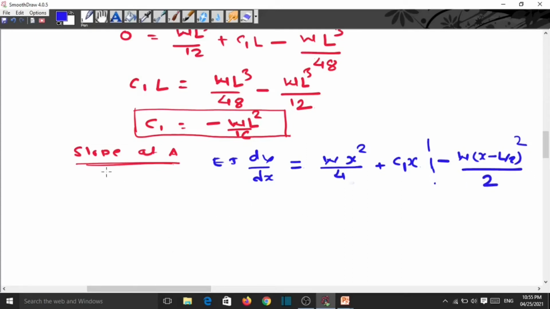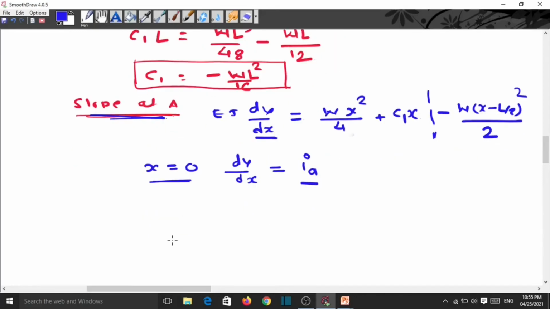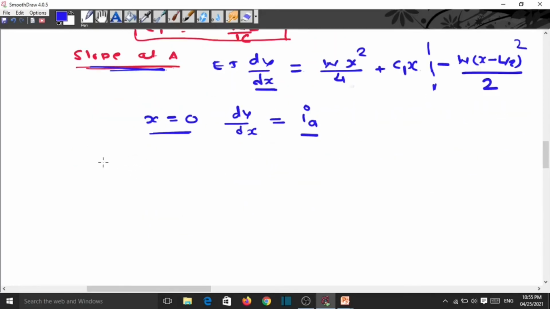So now for the slope at A, we have to use here the first section only, because when x is equal to 0, this dy by dx becomes theta A. When you put this value of x equal to 0, dy by dx becomes theta A. So EI theta A is equal to W into 0 divided by 4.